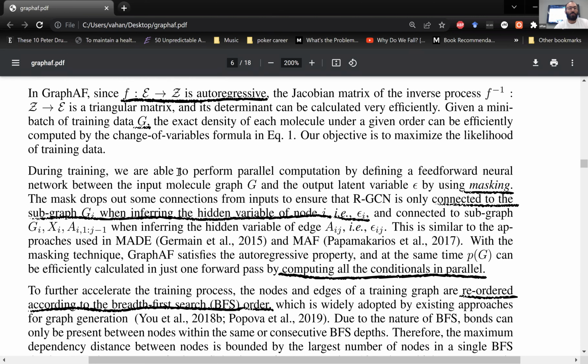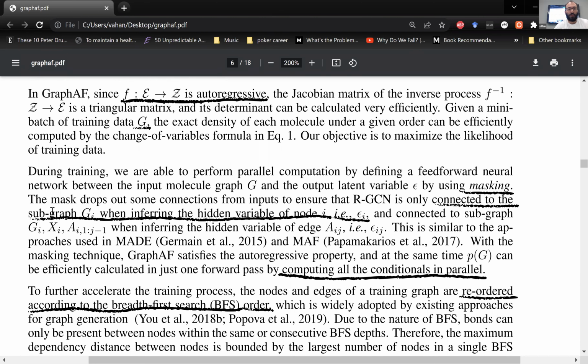So one trick they do is that they mask some connections, dropping out some connections from inputs. This is taken from another paper, but the idea is that they mask out in a way that preserves the autoregressive nature. So there is a graph, there is one node, they mask out the edges between this node and the rest of the graph, and then they train on that.